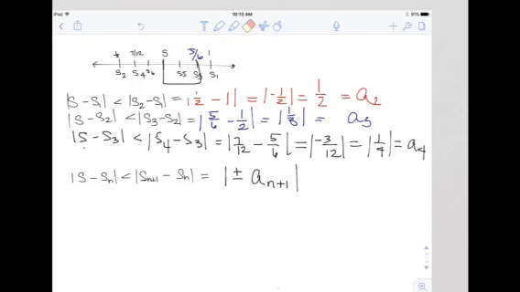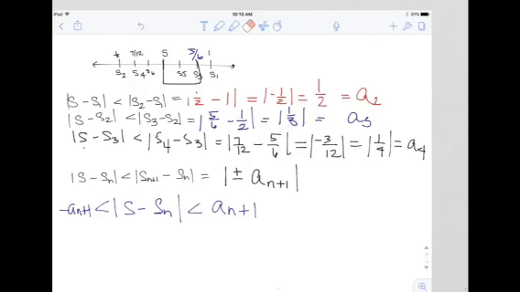So this essentially gives us a bound. S minus Sn, so the difference between the nth partial sum of an alternating series and the sum of the alternating series is always between a sub n plus 1 and negative a sub n plus 1.